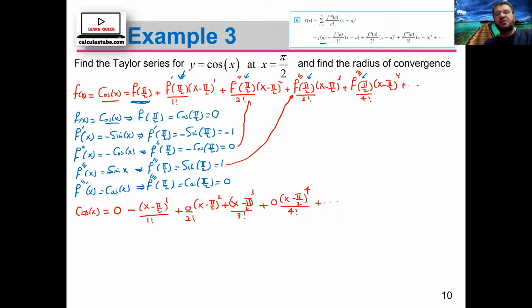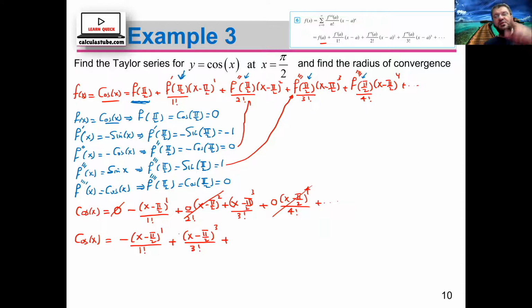All right, so now let's see who survived the whole thing here. Definitely this is 0, this is 0, this is 0. So what am I left with? So we can say that cosine x can be presented as minus x minus pi over 2 to the power 1 over 1 factorial. Then the next one is this one. So plus x minus pi over 2 to the power 3 over 3 factorial.